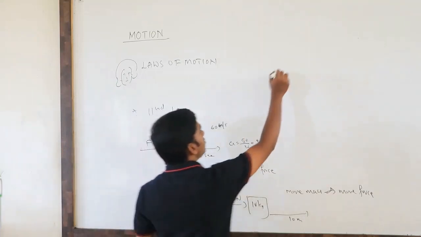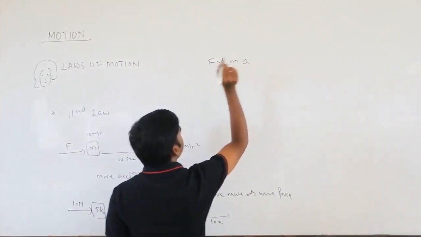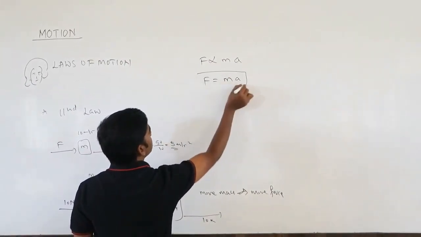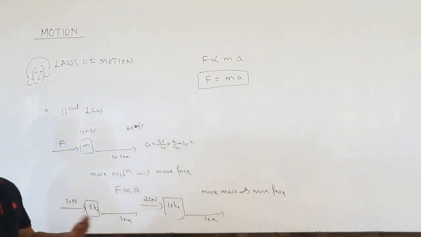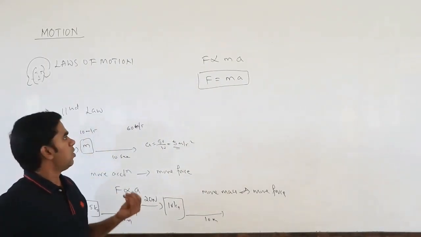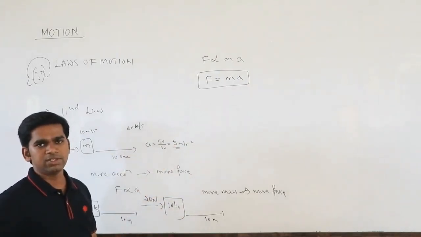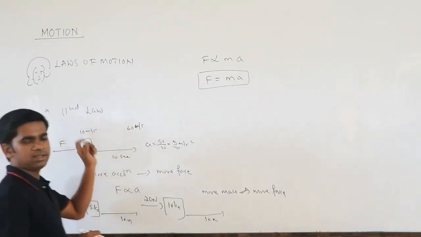That means force is directly proportional to mass and acceleration. That is why we write it as F equals ma. This is the basic understanding of Newton's second law, that force is mass into acceleration. But what is the second law actually saying?